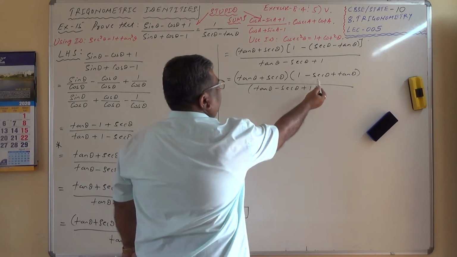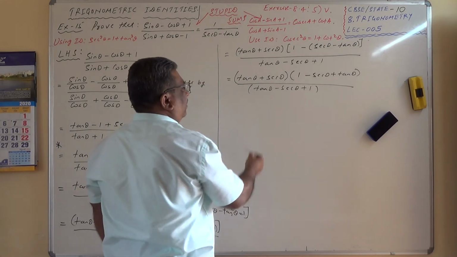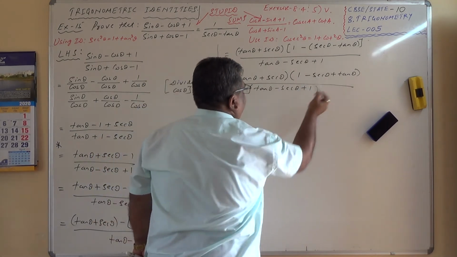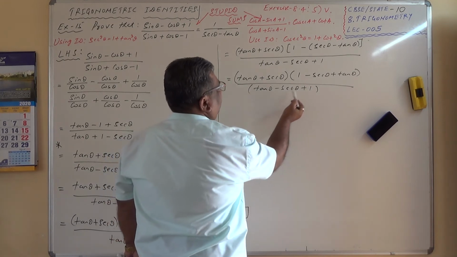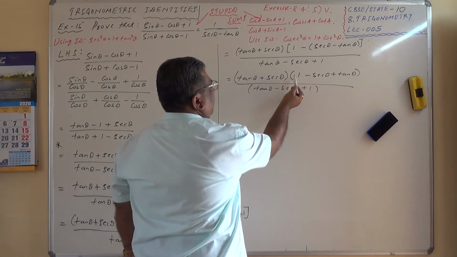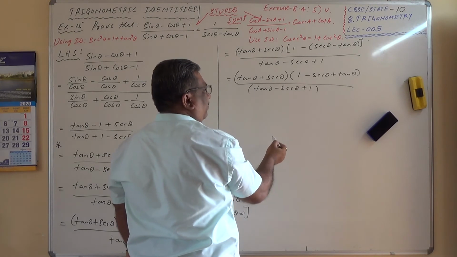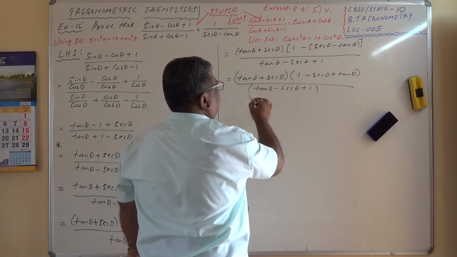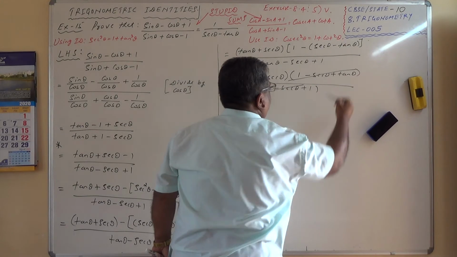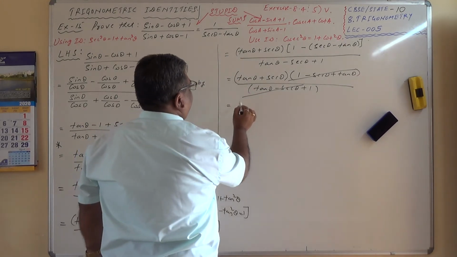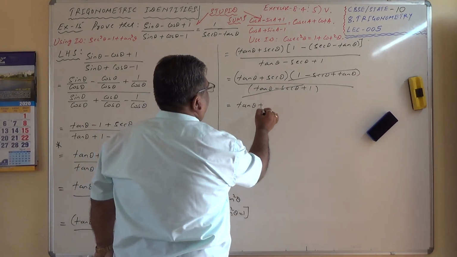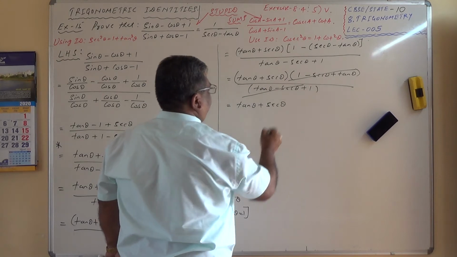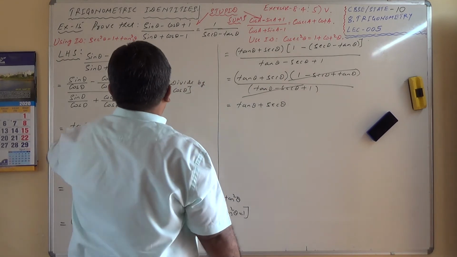Now can you check this term and this term? 1 minus sec theta plus tan theta, and tan theta minus secant theta plus 1, these two terms are same, hence they cancel each other. So we are left with tan theta plus secant theta. What is to be proved?